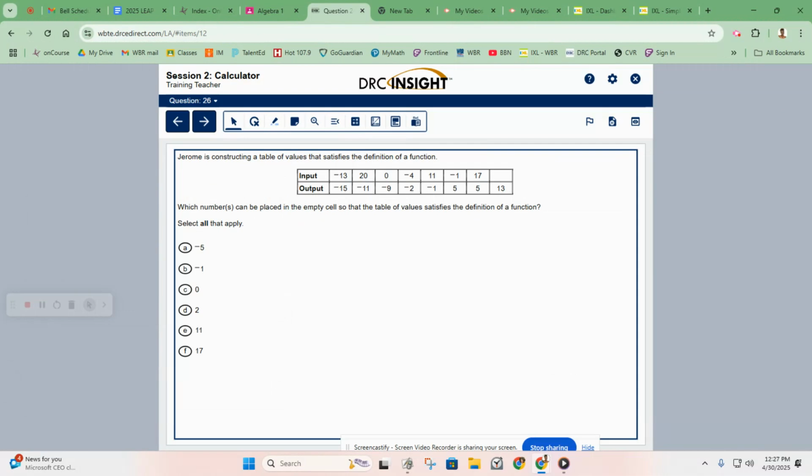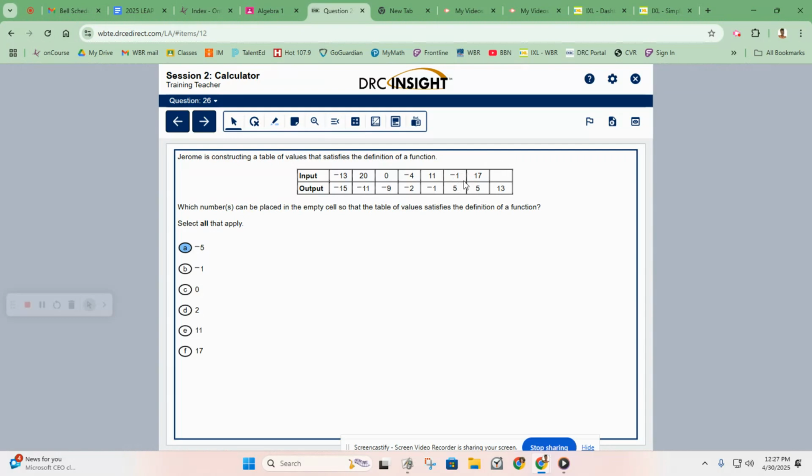So if I'm trying to see which numbers can be placed in this empty cell right here that satisfy the function, I just have to make sure none of the other inputs are that number. So for -5, there are no other x input values that are -5. So -5 would be still satisfying definition of function. -1, I see a -1 right here.